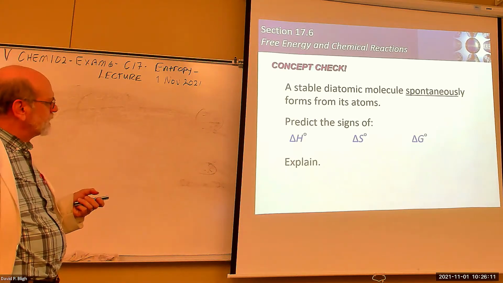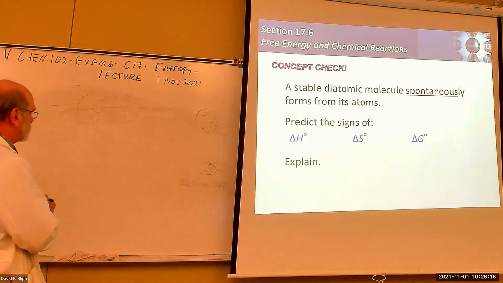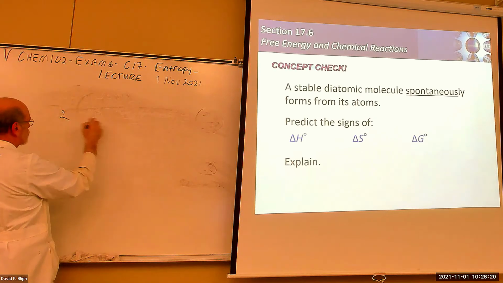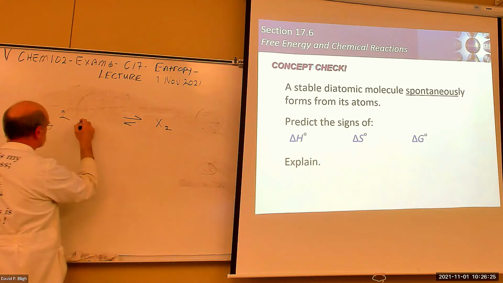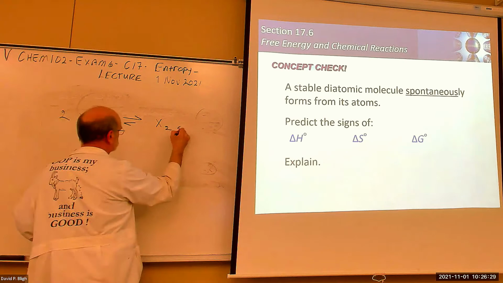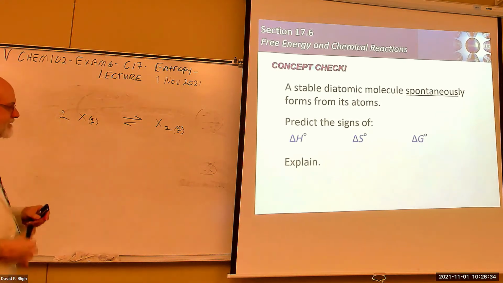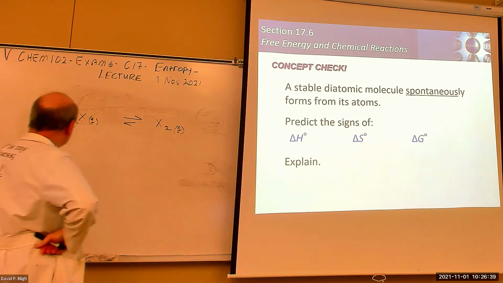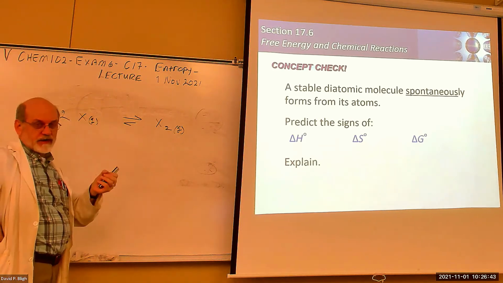So let's say a stable diatomic molecule spontaneously forms from its atoms. So we have 2 X's here, and they have to be gases. Okay. What's the sign of delta H? Well, anytime you take 2 free atoms and bring them together, you give off energy.